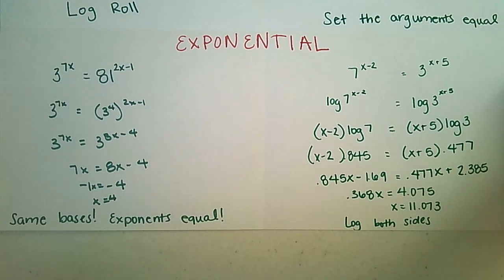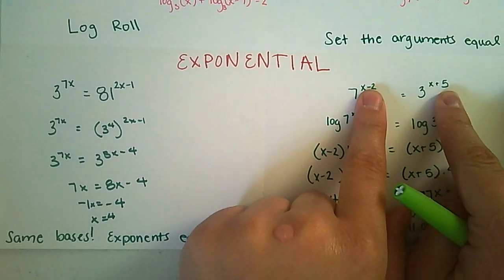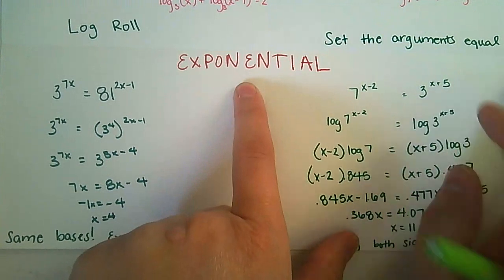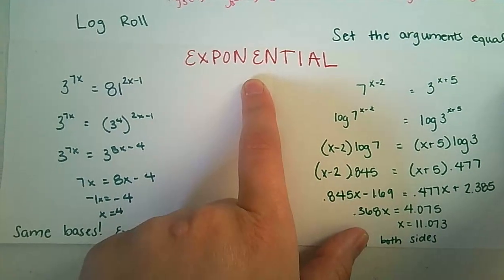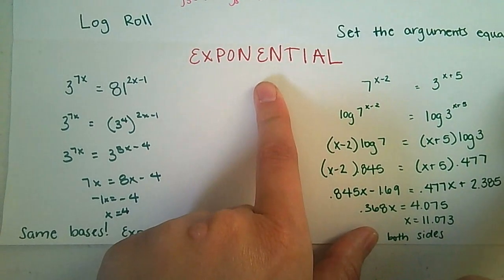All right. So remember exponential functions. Exponential functions means that there's an exponent in the equation. When you first get an equation and if it has an exponent in it, then it is considered an exponential equation. And there's 2 ways that we learned how to solve exponential equations.